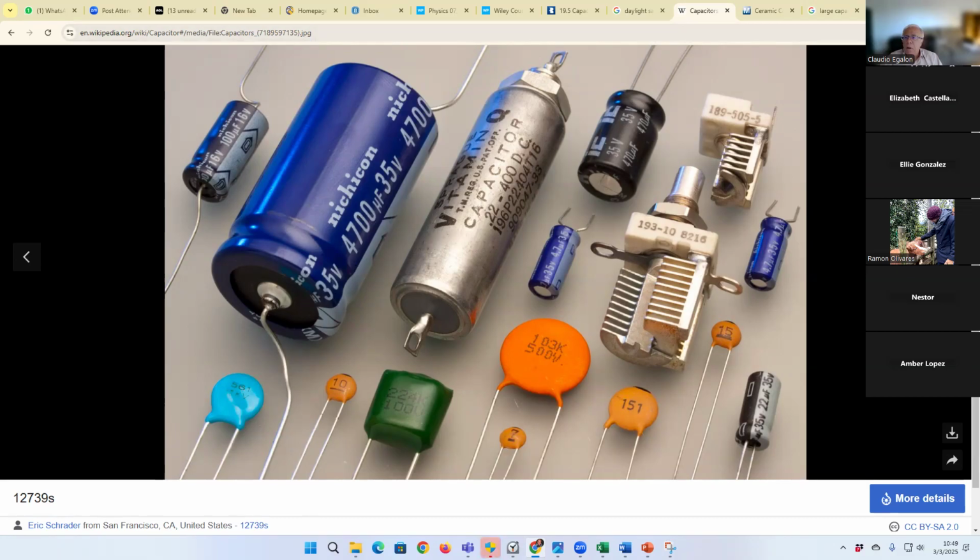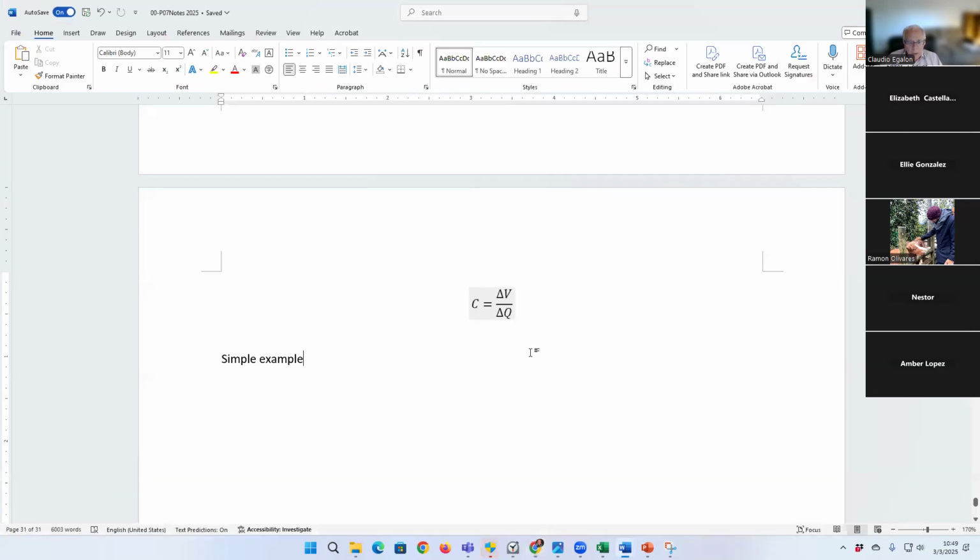So here you go. You have to know that the unit of capacitance is the farad, represented by F. Real life capacitors can carry only so much voltage.